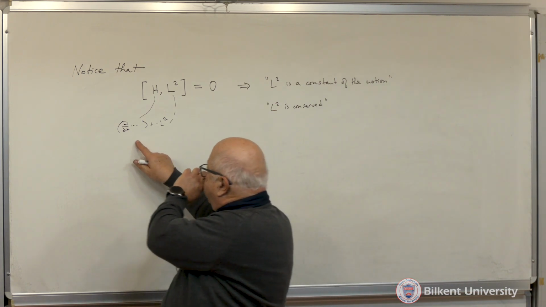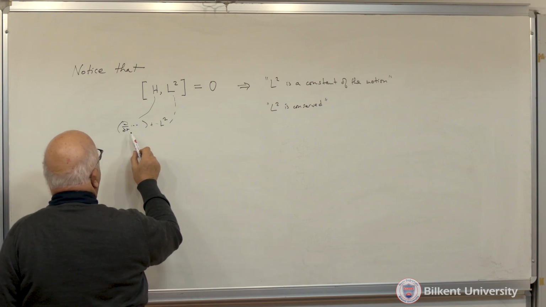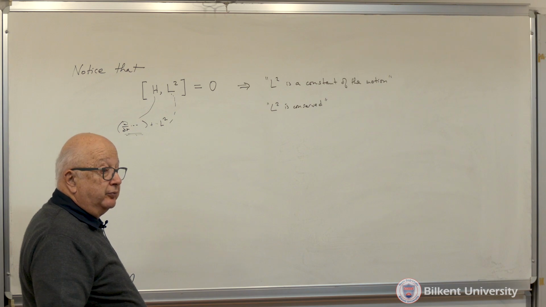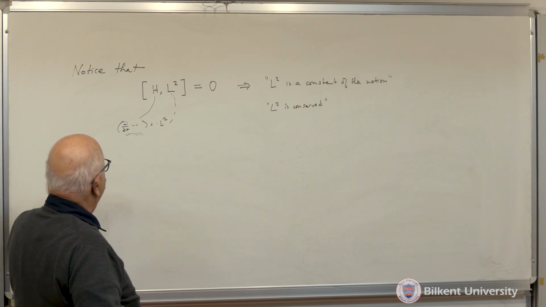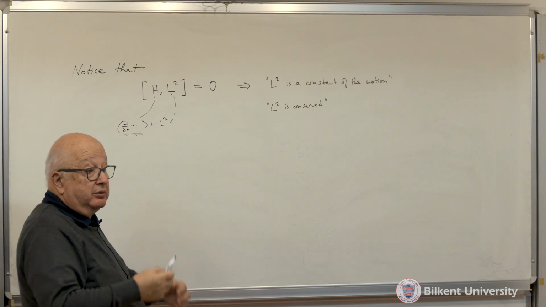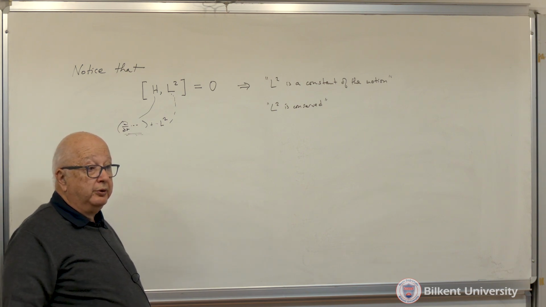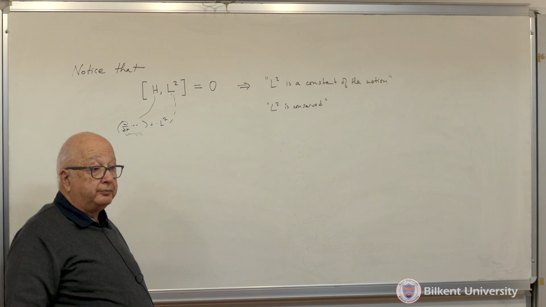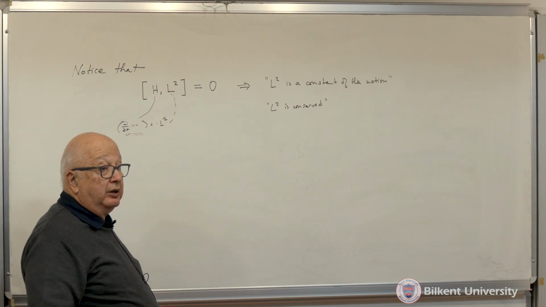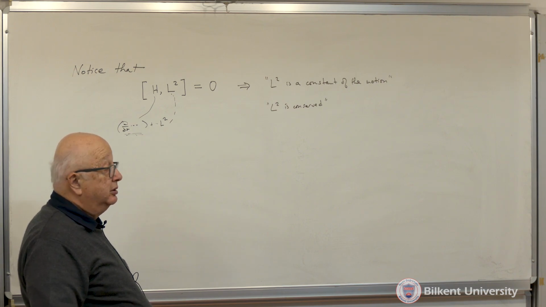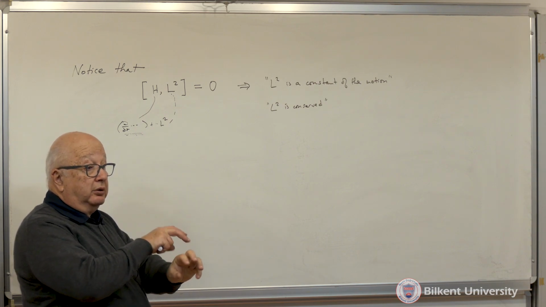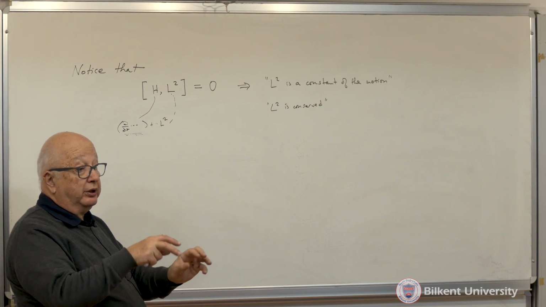L squared is just like a constant, it will just move to the left, which means they commute. If this had some R in it, then I couldn't say that, because this would differentiate that R, and it would matter which way I do the operation.